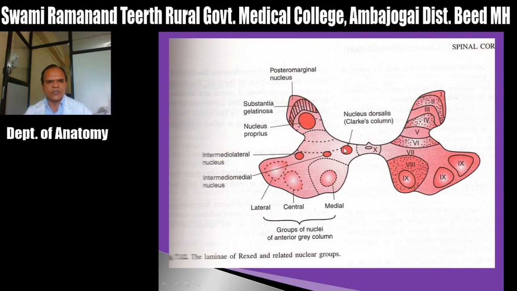Then this is the anterior horn: this is the medial group, this is the central group, and this is the lateral group. And as shown initially, when you take a thick cut section of the spinal cord, you can observe the laminar pattern.